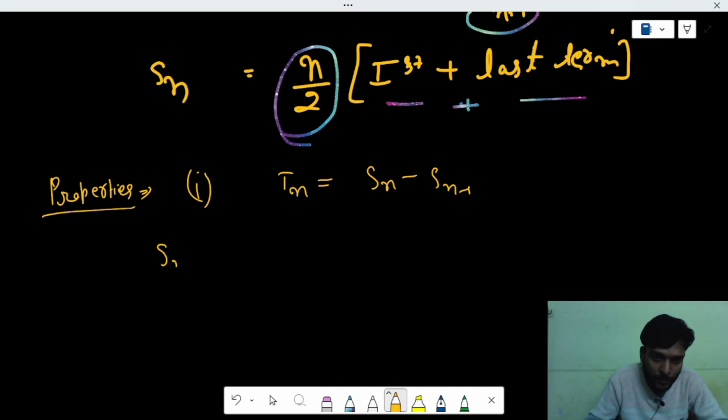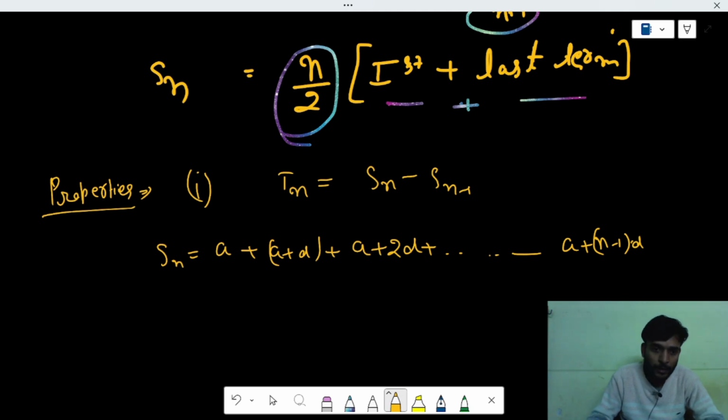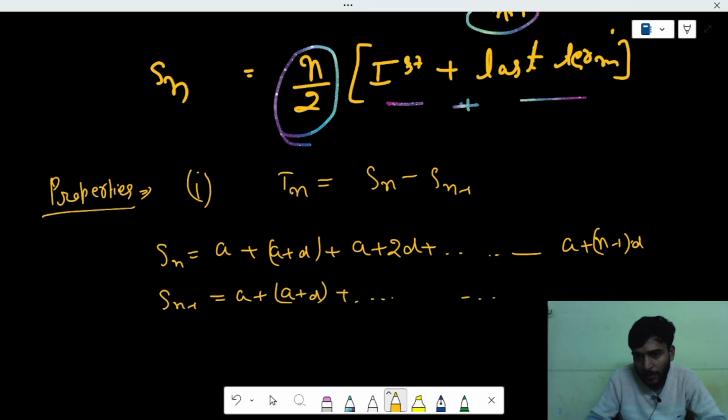We know that Sn equals a plus (a plus d) plus (a plus 2d) plus and so on, up to a plus (n minus 1) into d, and Sn minus 1 equals a plus (a plus d), similarly, and so on, up to a plus (n minus 2) into d.